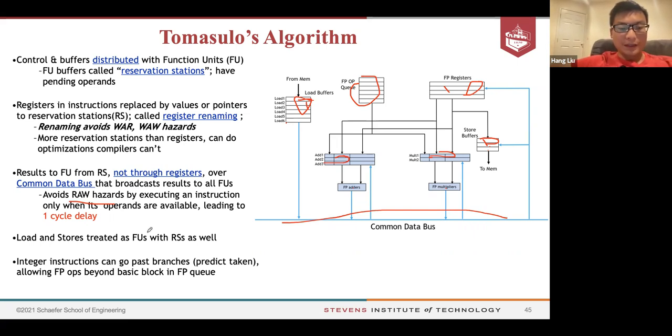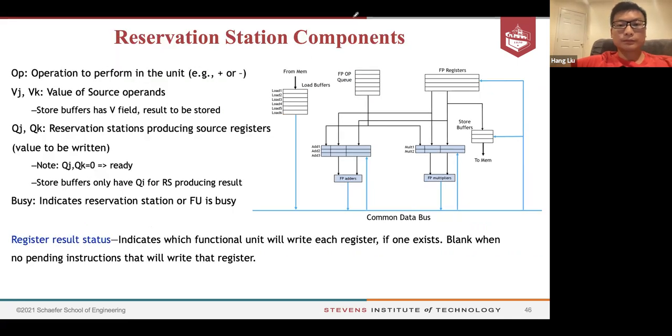Well, we have to be clear that dynamic scheduling cannot go past branches. Okay. The reservation station has a couple of important components here.